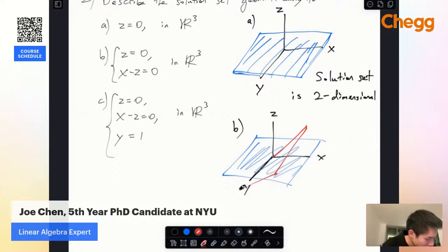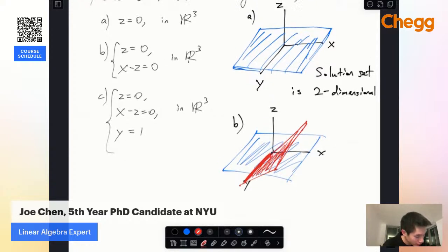It looks like this. Right, because it's the line x equals z, but then y can be anything. And so the intersection is right here, which I'll try and highlight. And so here the intersection is a line. So the solution set is a line which is one-dimensional.